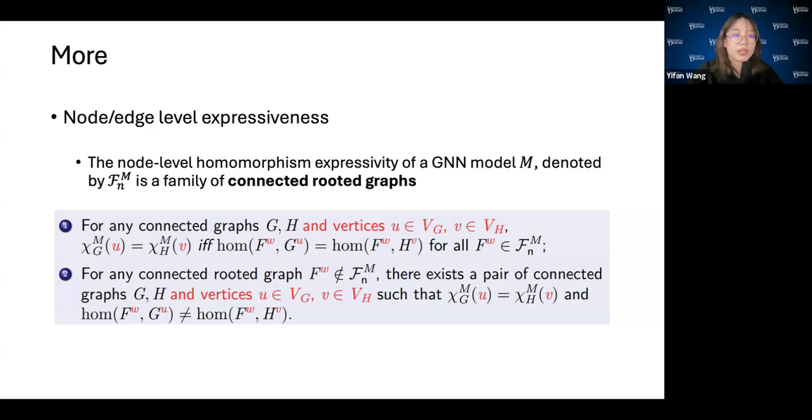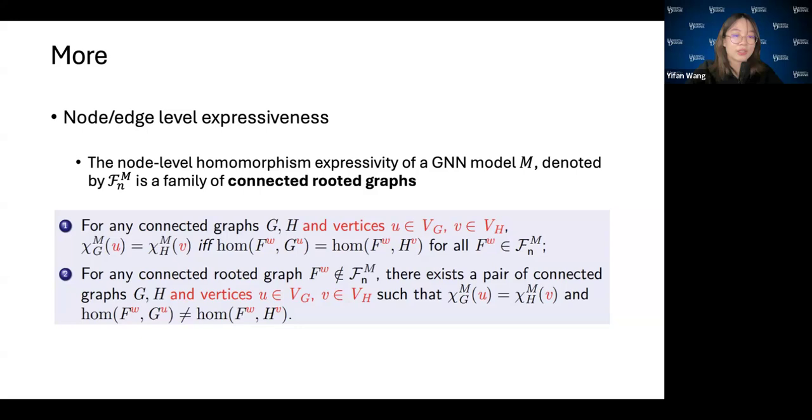For any connected graphs G and H, and for any vertices U in G and V in H, the representations after the model of nodes U and V are equal if and only if their homomorphism counts are equal for all the substructures in this set.